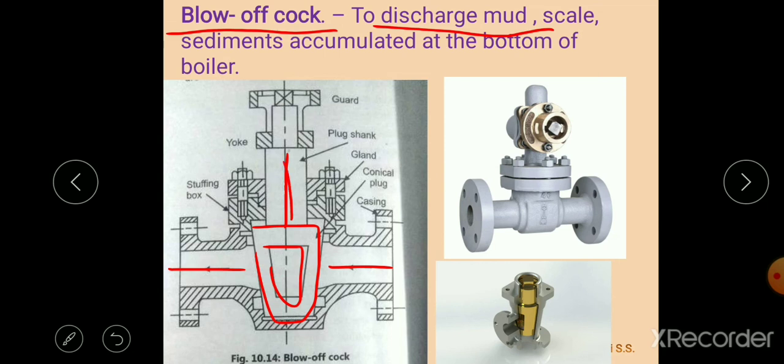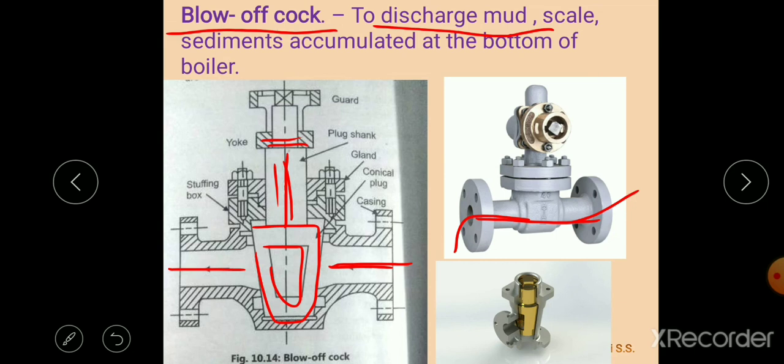There is a plug shank, and here this is screwed and the valve is held in position by the yoke. So when the water comes from this side, and if the valve is open, in that condition there is a discharge of water and it carries the mud and scale out of the boiler.